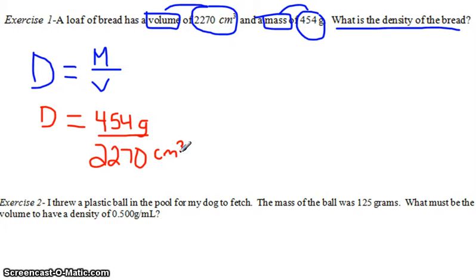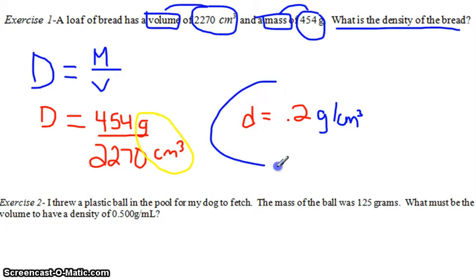And when you type in your calculator 454 divided by 2,270, your density becomes 0.2. And the units that we're looking at would be grams per centimeters cubed. And this right here is your final answer.